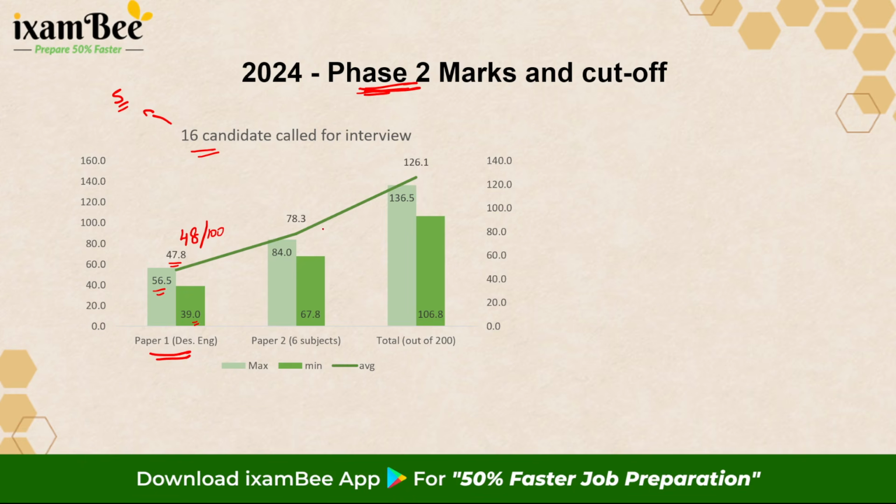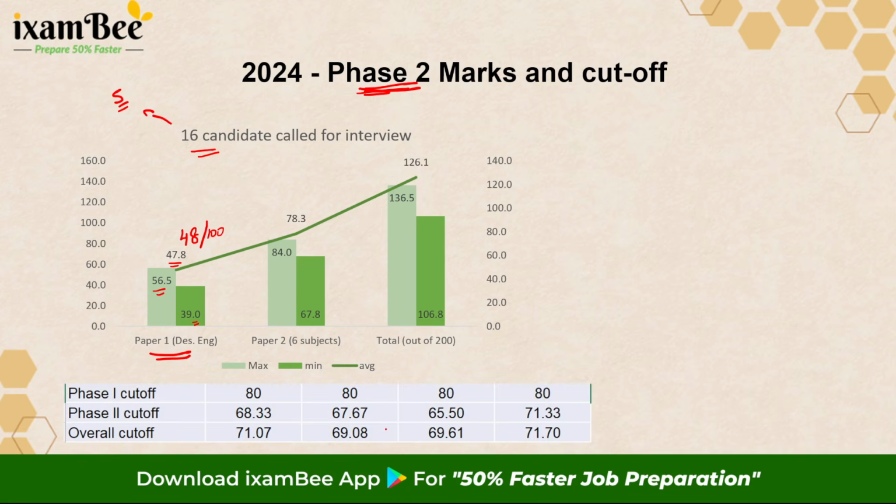Now, what has been the cutoff for Phase 2? If we look at 2024, 2023, 2022 and 2020, last year was one of the highest cutoffs that we have seen. The Phase 2 cutoff was 71.33 and the overall cutoff was 71.7.